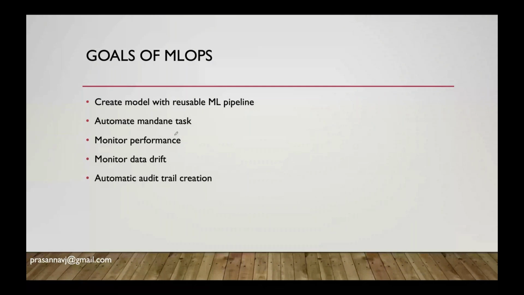Effectively, we should be able to create machine learning models with reusable ML pipelines, automate mundane tasks, monitor the performance, monitor the data drift, and have an automatic data trail and audit trail for your whole machine learning process. That's the goal of MLOps.